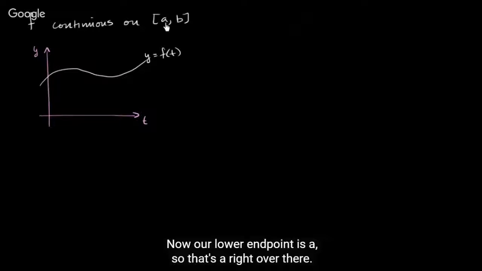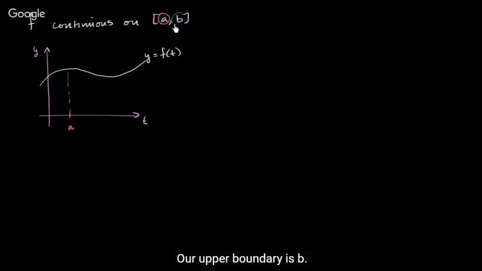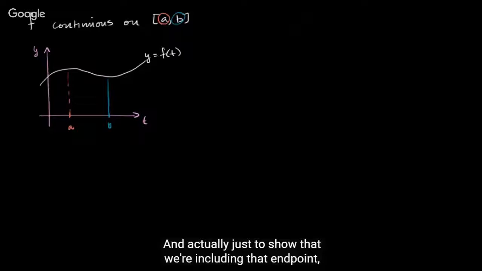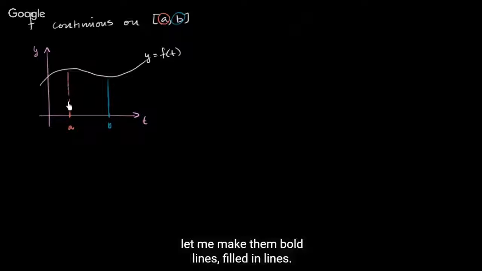Now, our lower endpoint is a, so that's a right over there. Our upper boundary is b. Actually, just to show that we're including that endpoint, let me make them bold lines, filled in lines. So lower boundary a, upper boundary b. We're just saying, and I've drawn it this way, that f is continuous on that.